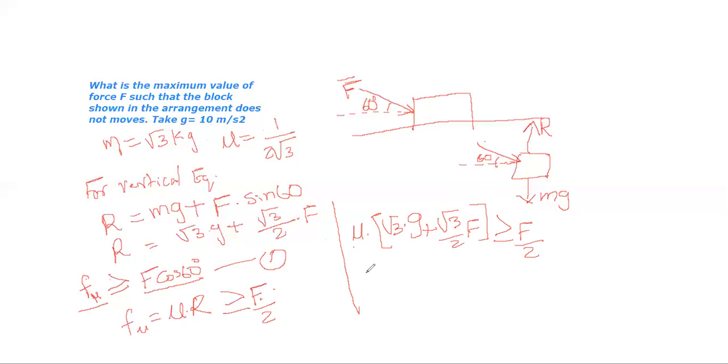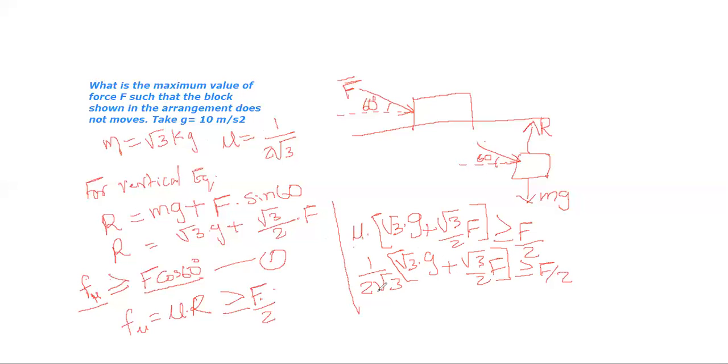We know that mu is 1 by 2 square root of 3. So 1 by 2 square root of 3 times square root of 3g plus square root of 3 by 2 F should be greater than or equal to F by 2.